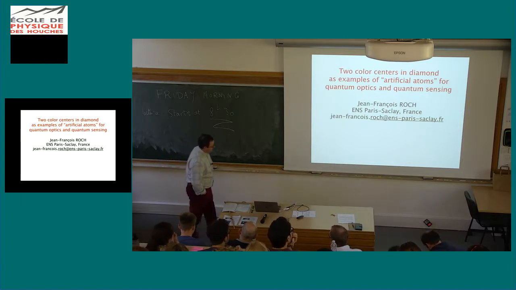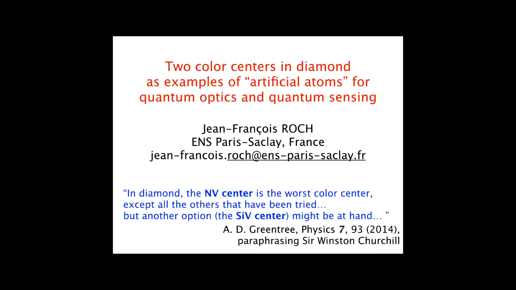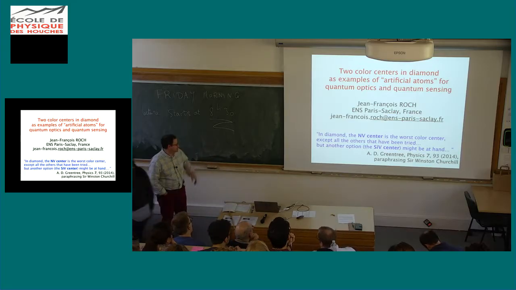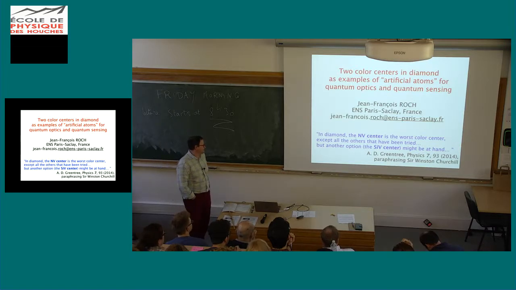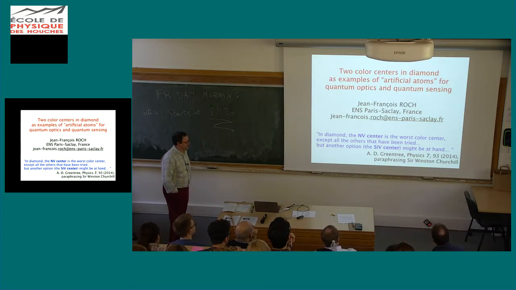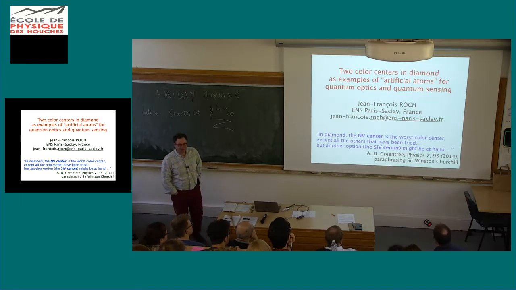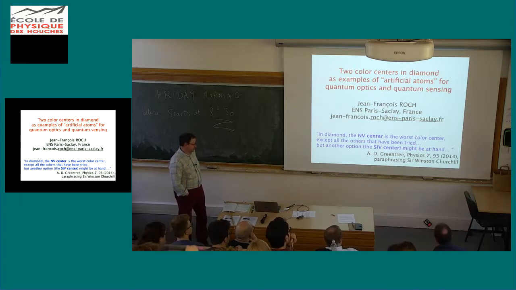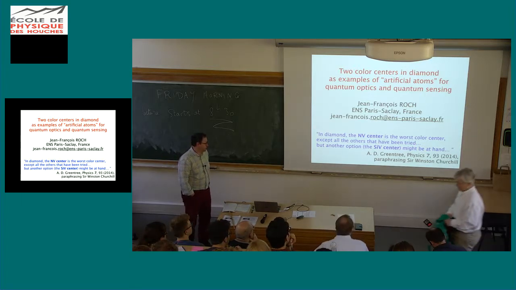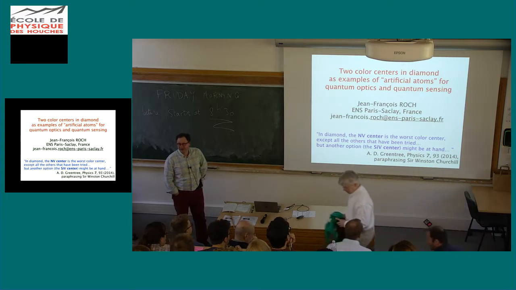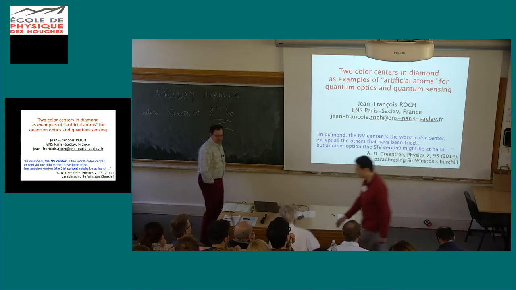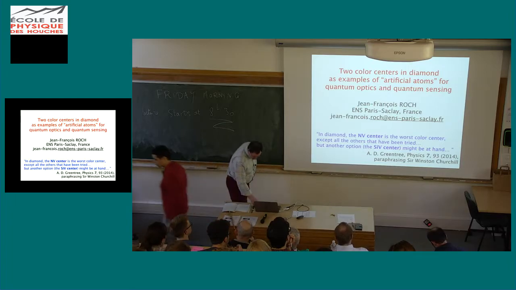The first one, which is now well known, is the NV center in diamond, and I like this quotation from Andrew Greentree, who says that in diamond, the NV center is the worst color center, except all the others that have been tried. But there are now other new defects, like silicon vacancy and tin vacancy, color centers that are becoming very interesting, especially for quantum optics purposes.